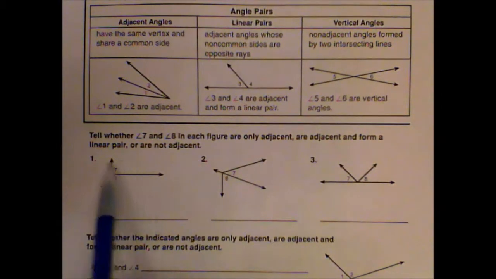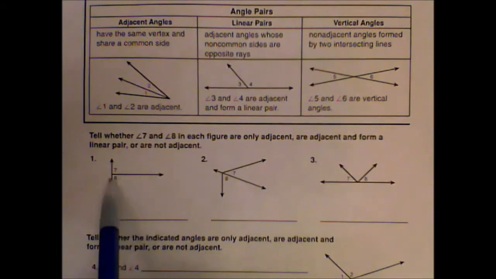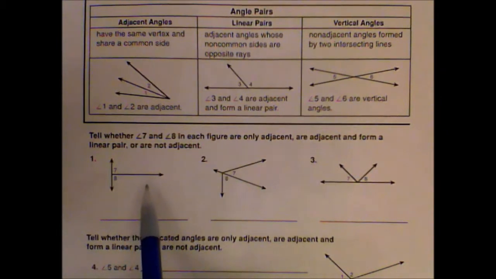Number 1. So as I look at the figure, I see angle 7 and angle 8. Now, I know they're a linear pair and adjacent because they share this ray right here. When I'm trying to figure out whether two angles are adjacent, I try to see if they share a fence. They're kind of like next door neighbors, right?